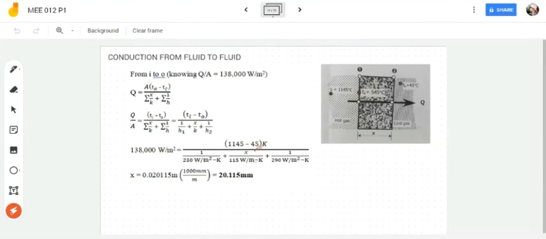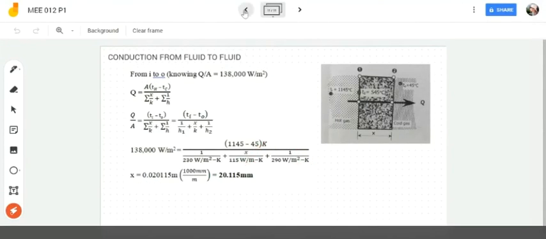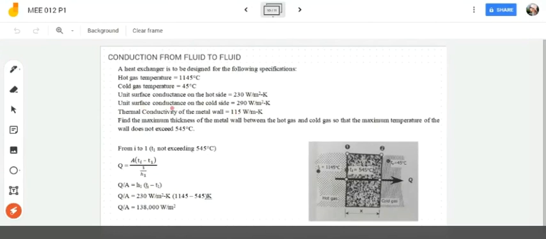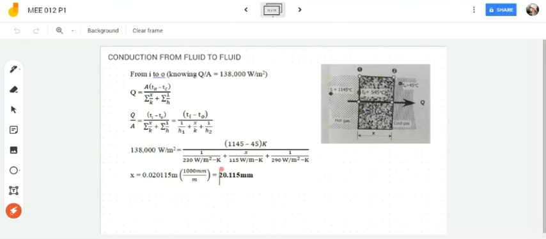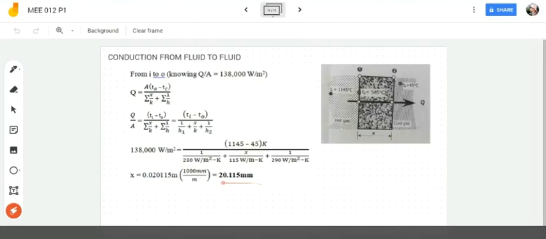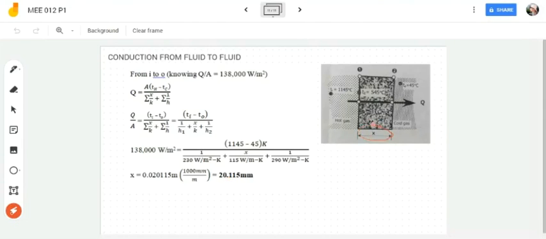Your X, the thickness, is unknown, and then 1 over 291 watt per meter squared Kelvin, the unit surface conductance for your cold side. Solving for X, you will get 0.020115 meter. Converting this into millimeters, there are 1000 millimeters per meter, so that is equivalent to 20.115 millimeters. And that is the thickness of the metal wall here.